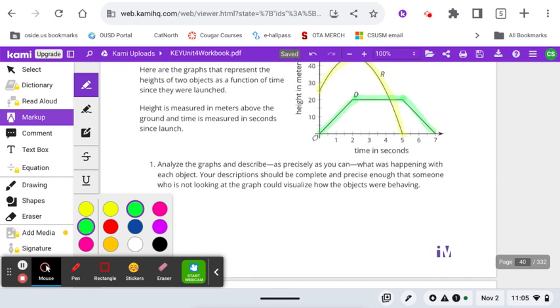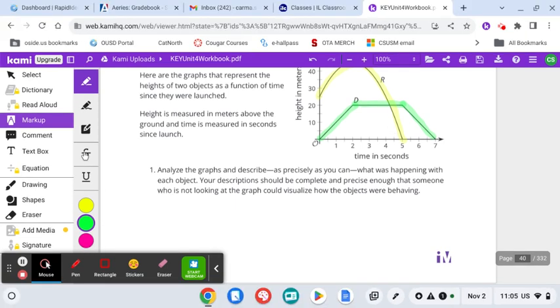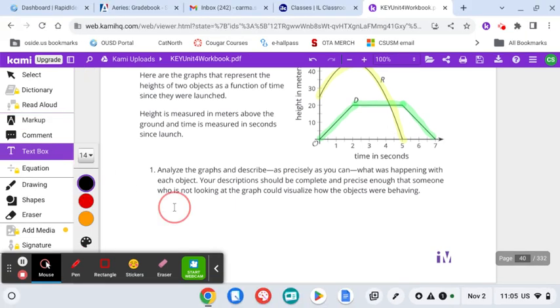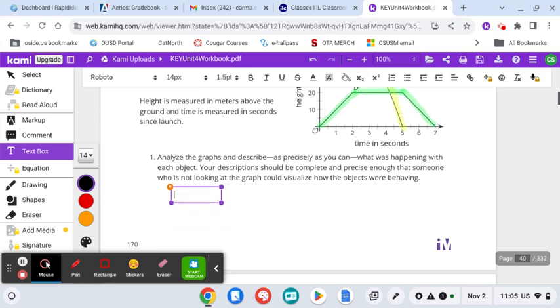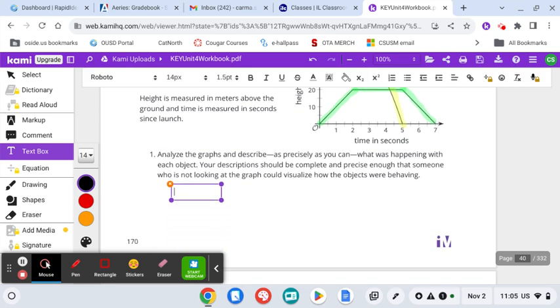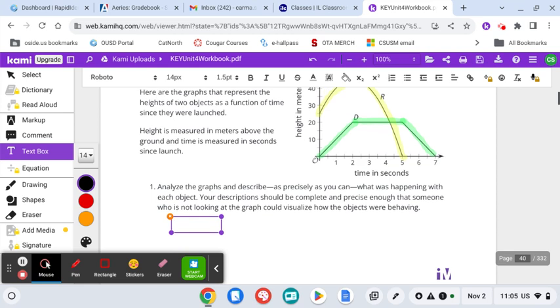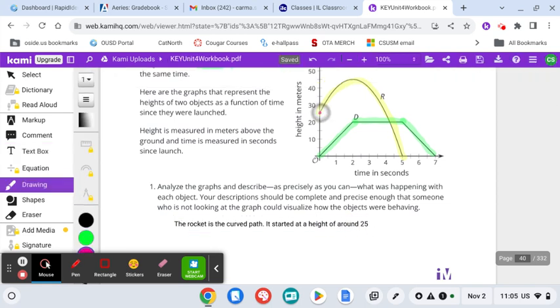Hopefully you were able to deduce that. Analyze the graphs and describe this as precisely as you can. Now, this is really you typing something up in your own words. So for example, please don't just copy down my words, but write something along the lines of what each one is doing. I could say that the rocket is the curved path. It started at a height of around 25. Do you see that right here? That the rocket's starting right here.